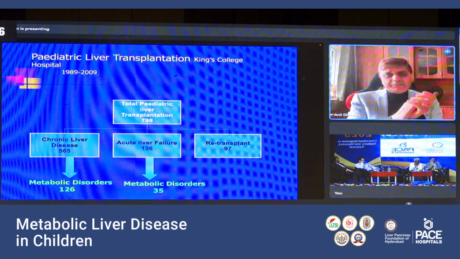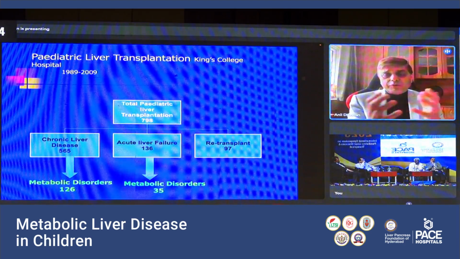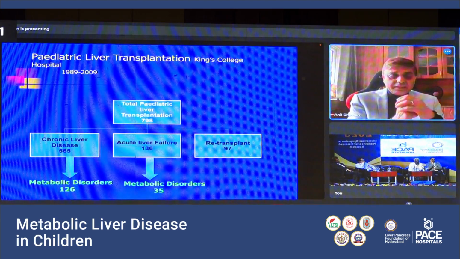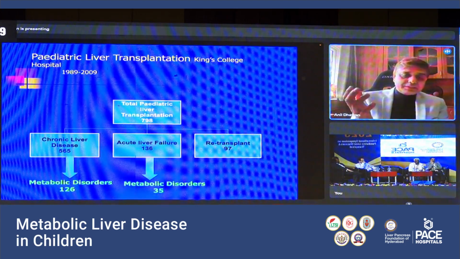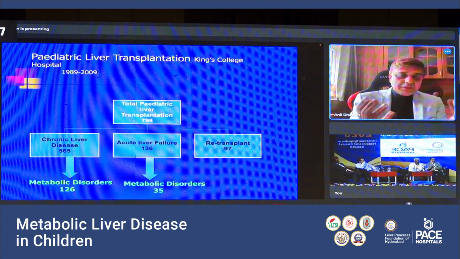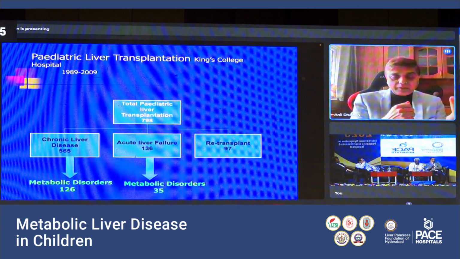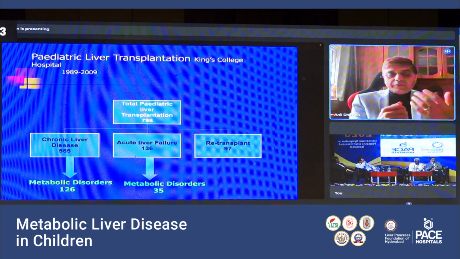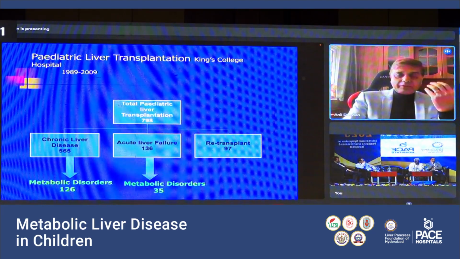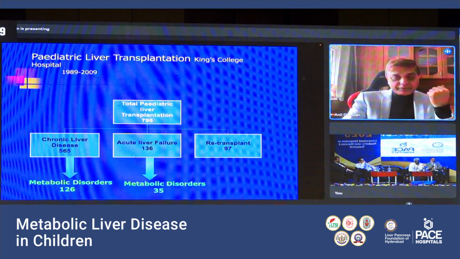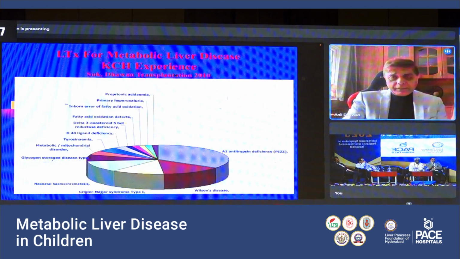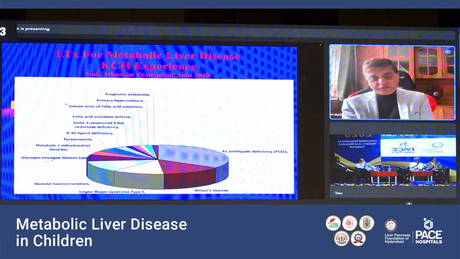This is just an experience, a snapshot of what percentage of patients we get. Out of 600 transplants for chronic liver disease, about a quarter were metabolic, and acute liver failure is about 5 to 7%. Now, indications for transplantation for metabolic liver disease will vary from region to region.